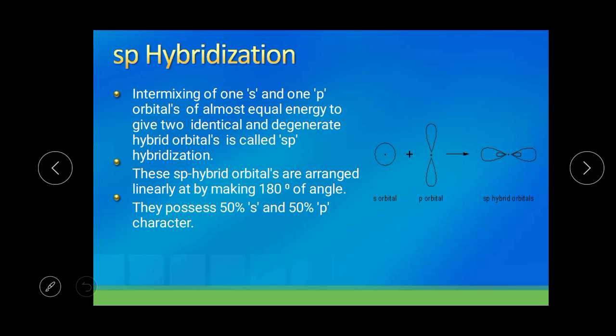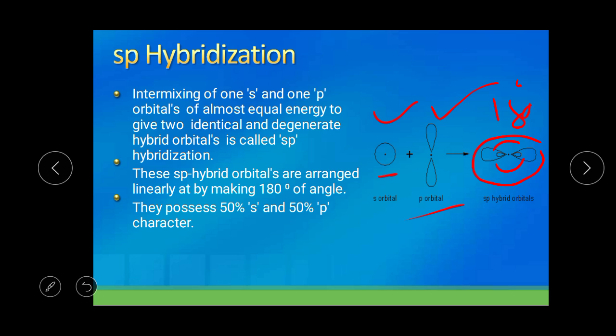First, sp hybridization: an s orbital and a p orbital combine to form sp hybrid orbitals. You can see this is the new sp hybrid orbital. They have equal energy, so they combine, and the bond angle between them will be 180 degrees with a linear structure.